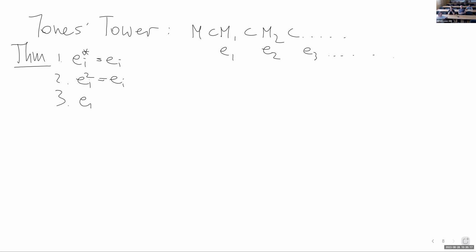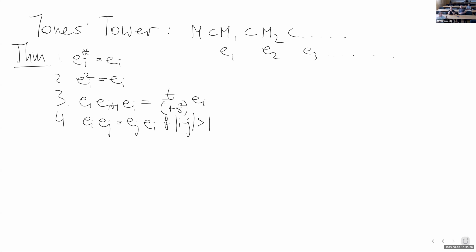And then E_i E_{i+1} E_i is the same as T over 1 plus T squared times E_i, for a certain complex number T, and E_i and E_j commute as long as i and j are not adjacent.